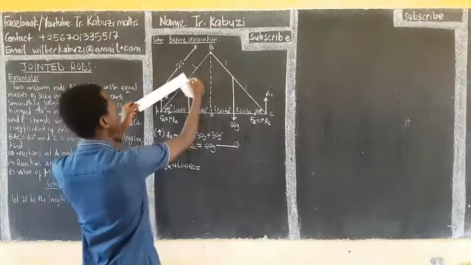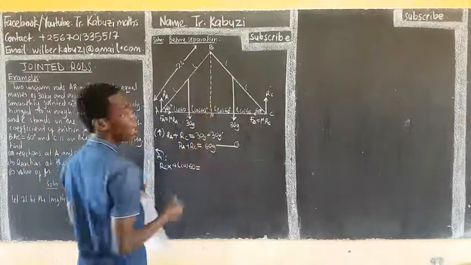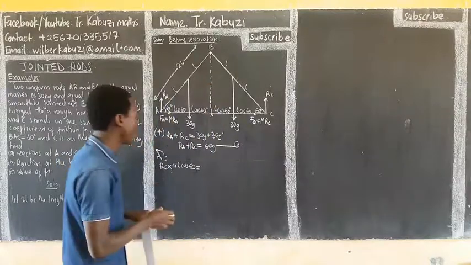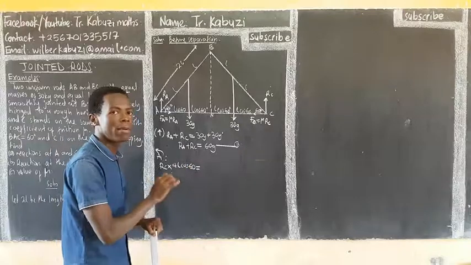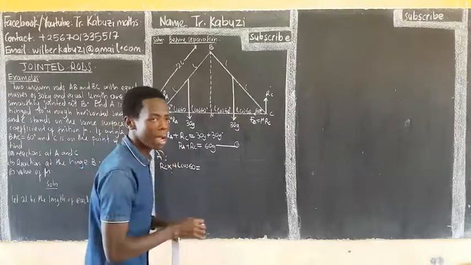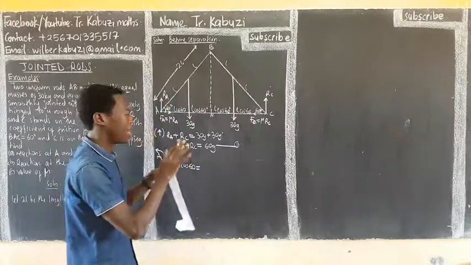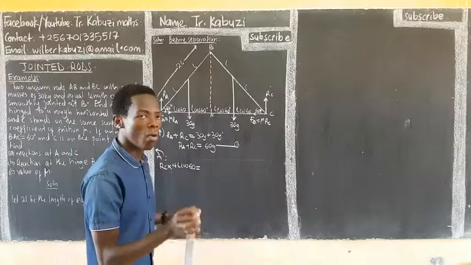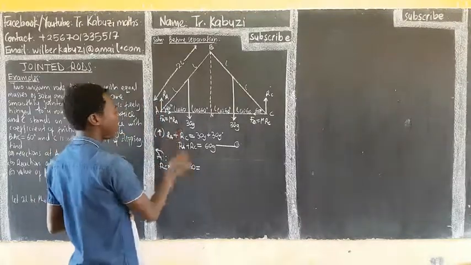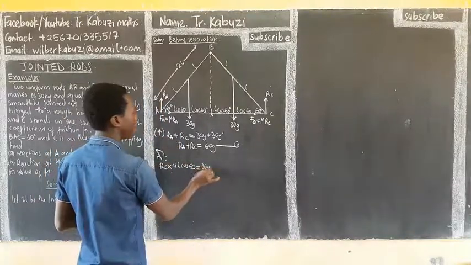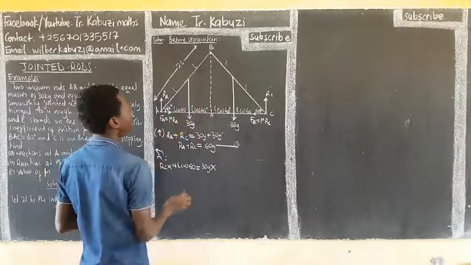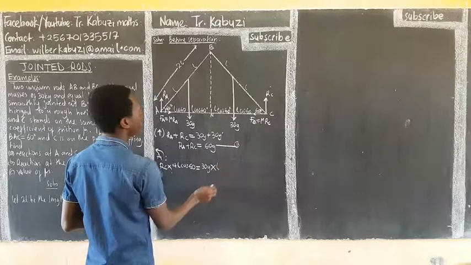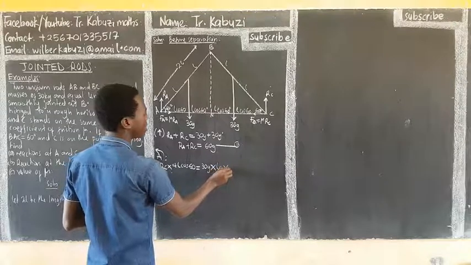Then this one is going to act clockwise. And we say the sum of moments anticlockwise is equal to the sum of moments clockwise. So now clockwise we have first of all 30 times this perpendicular distance from A. You see from A here we are having L cos 60.